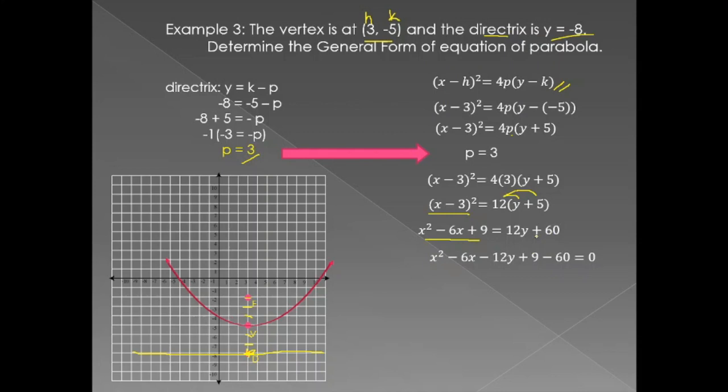So, ililipat natin lahat sa left side. So, magkakaroon tayo ng negative 12y and then negative 60. Then, equate kay 0. And then, evaluate. We have 9 minus 60, that is negative 51. So, this is our general form.